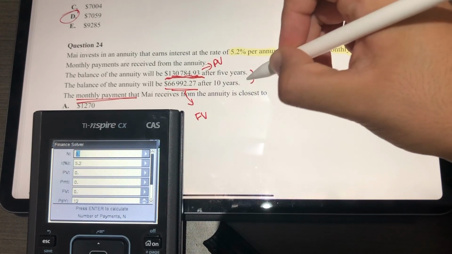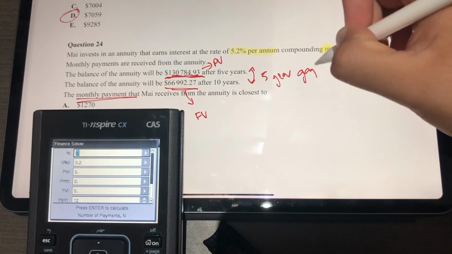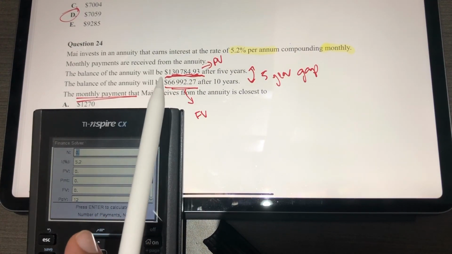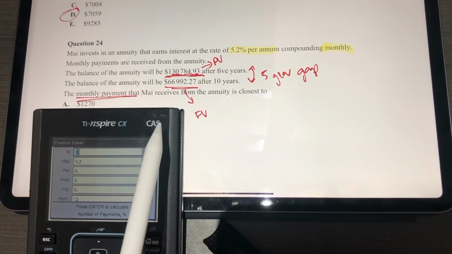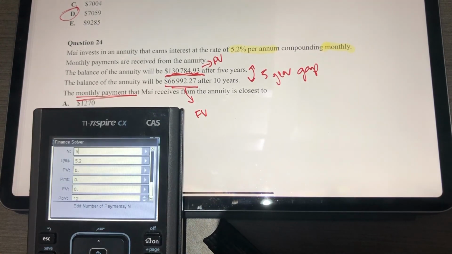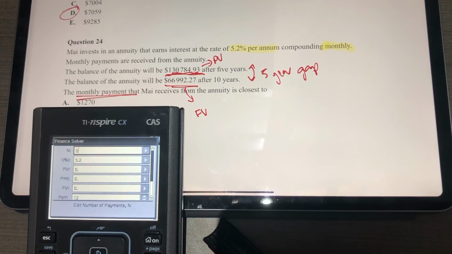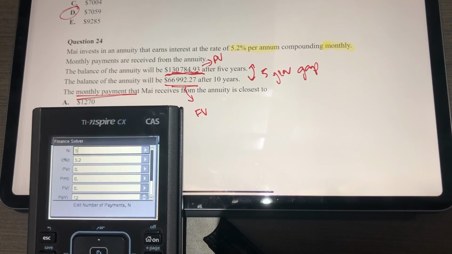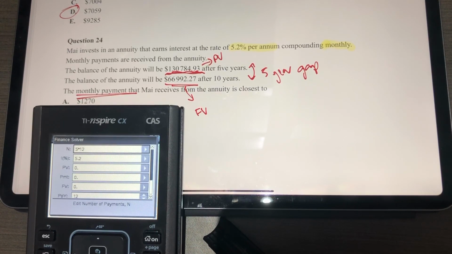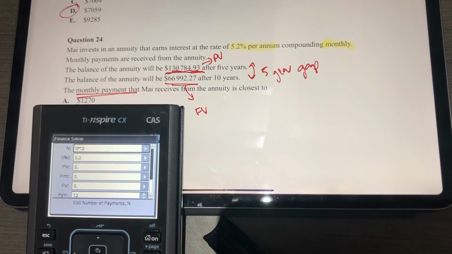So there is a 5-year gap, which means if I have 130k now, after 5 years I'm going to have 66k. So that's how I got the 5 for the number of payments. 5 years times compounding monthly, yeah? Because it's going to take 5 years for me to get from 130k to 66k.